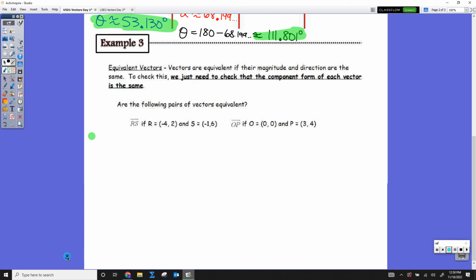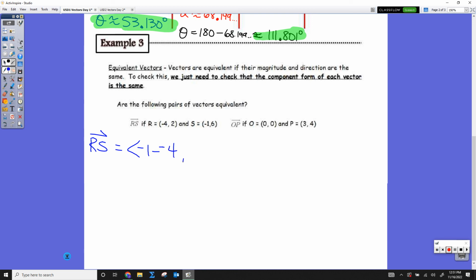So RS, for instance. Might use a highlighter. So RS. Okay, remember, this is terminal minus initial. Where does it end on RS? S. So negative, I'm going to write that out this time. -1 minus, what's it going to be? -4.